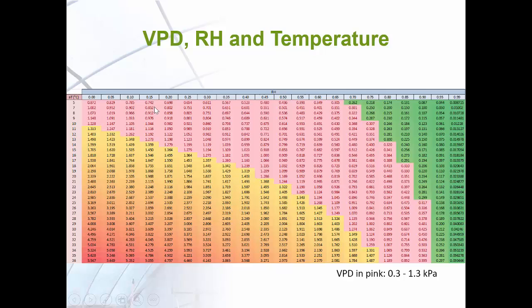The vapor pressure deficit range that you see here in the pink colored region is actually a good and common range of vapor pressure deficit levels that is good for plant production.